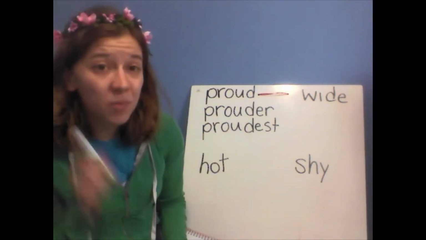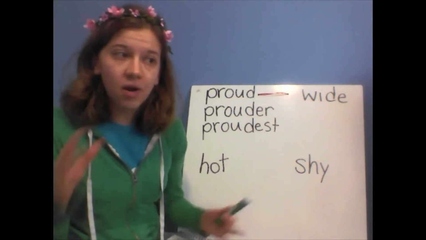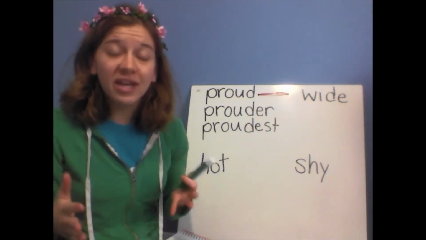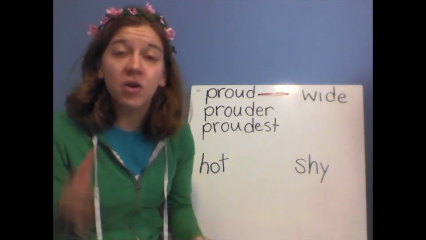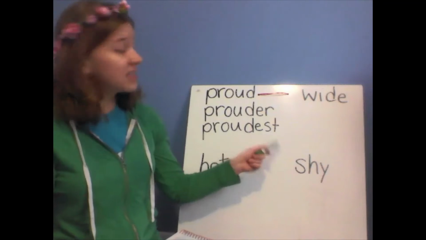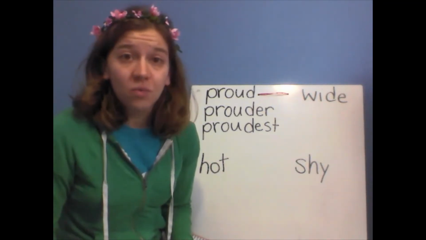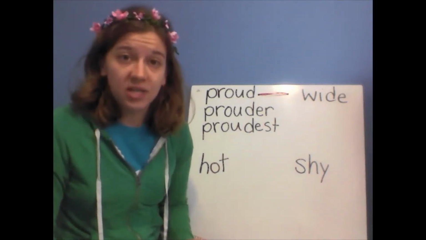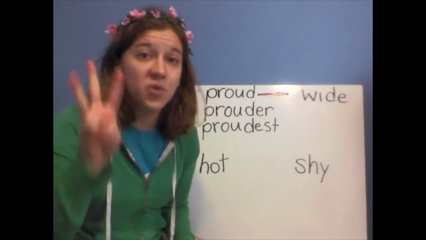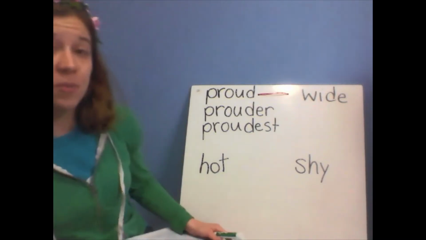A cool way to help you remember that is to think ER is two letters, so you use that when you're comparing two things. EST has three letters, so when you add EST to the end of a word, that means you're comparing three things. All right? There's a little way to help you remember it.